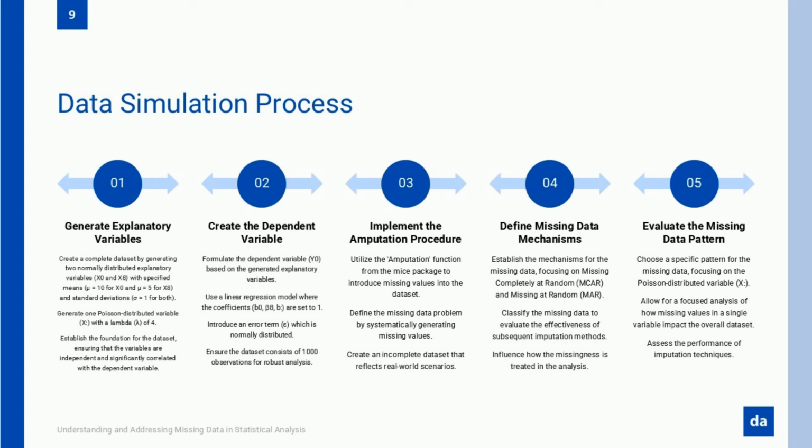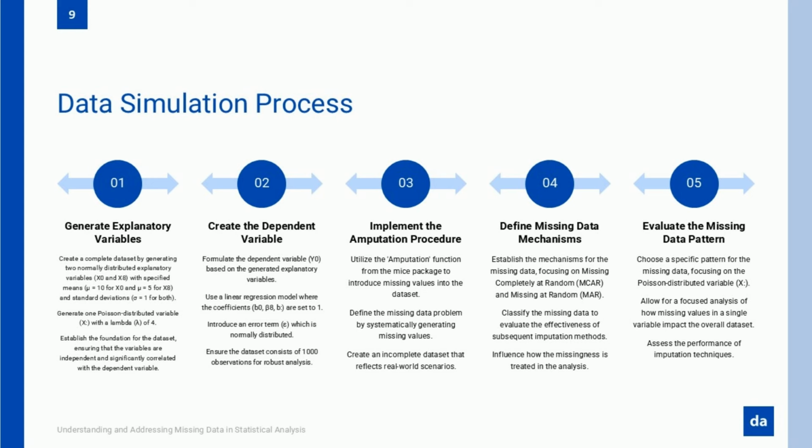Step 2: Create the dependent variable. With the explanatory variables ready, the dependent variable, y0, is formulated. A linear regression model is used to derive y0 from the explanatory variables, x0, x8, and x, using coefficients b0, b8, and b. These coefficients are set to logical values to ensure the relationship between the variables mirrors real-world data.